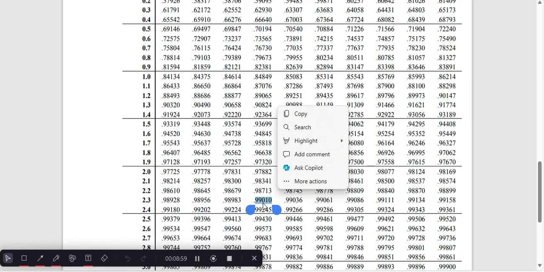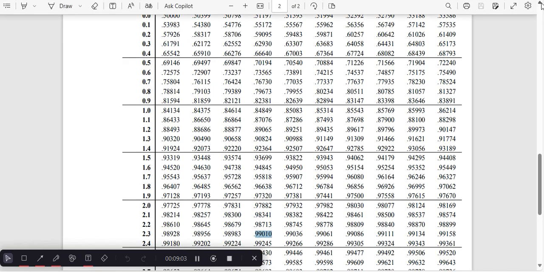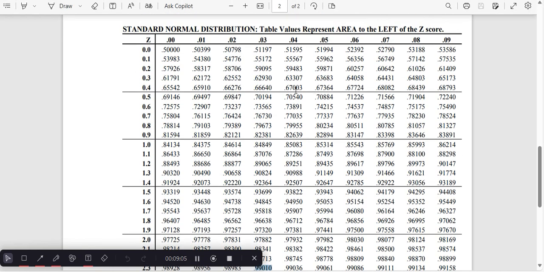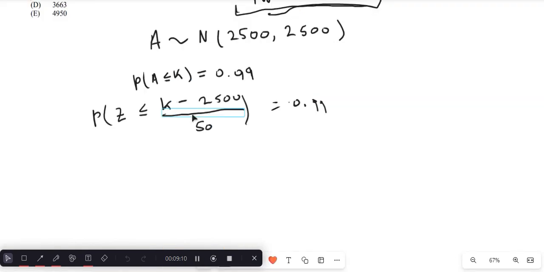And the z that corresponds to a probability of 0.99 is 2.33. So 2.33 is equal to k minus 2,500 over 50.